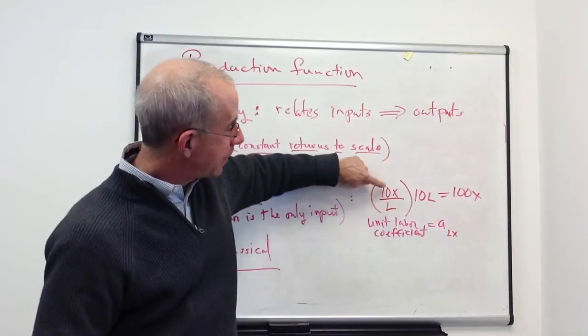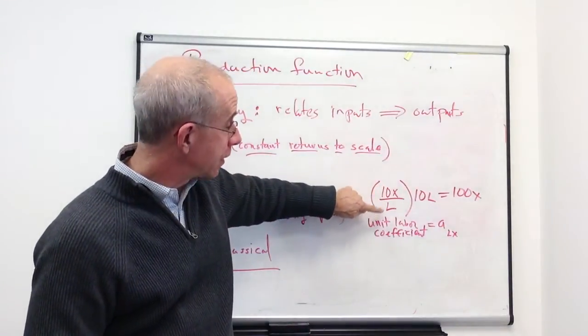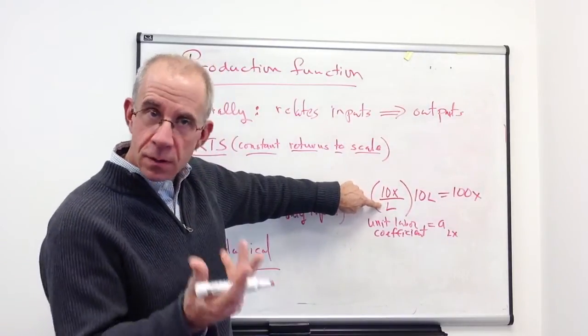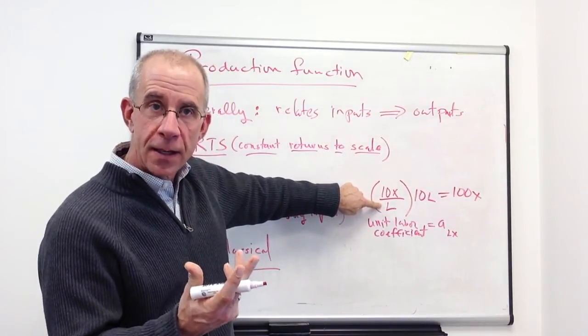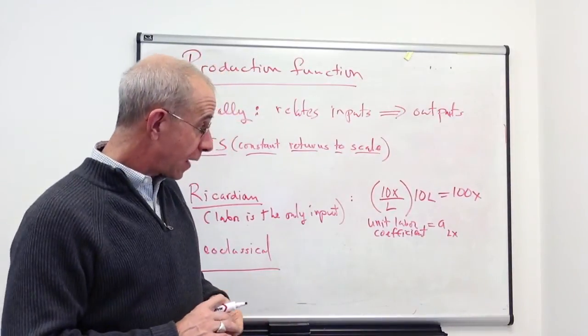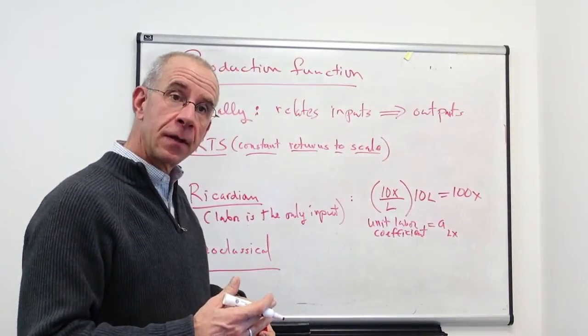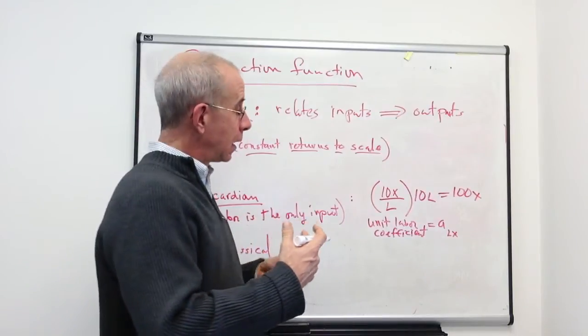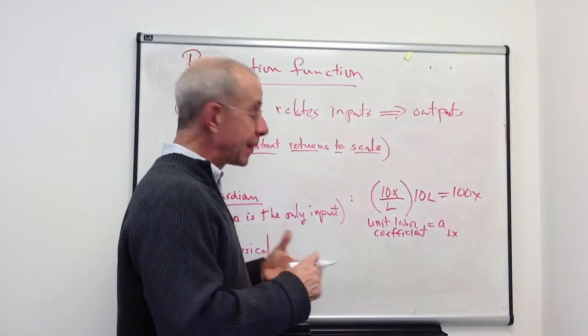You can think about the unit labor coefficient as, if I want 1 more unit of this product, how many workers does it take?